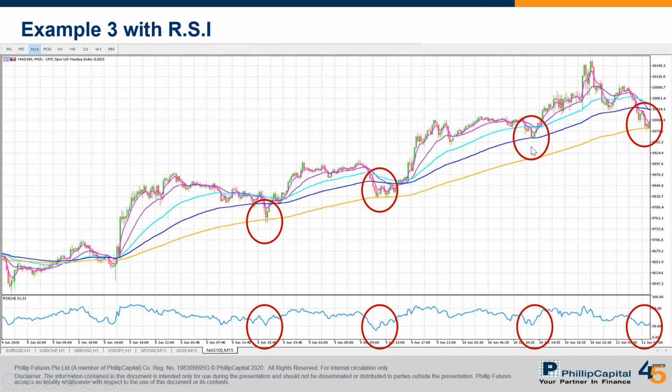But because this is a historical chart, when prices move back up, the RSI also follows suit and went back up. But at that moment, when it hits this 100 EMA, I'm sure this RSI was below 30 at that time, or at least close to 30.